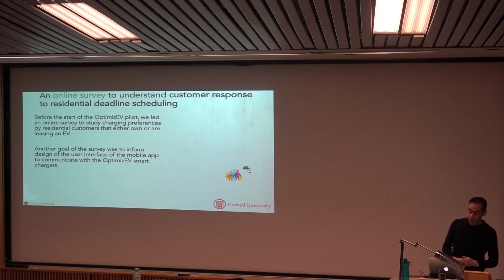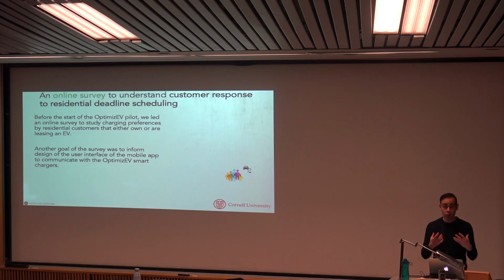It was an online survey to basically understand this new notion of allowing the utility to delay charging. We wanted to see how people reacted to that, and then we also wanted to test actual characteristics of the program and the user interface of the app that was going to be implemented in the pilot as well.